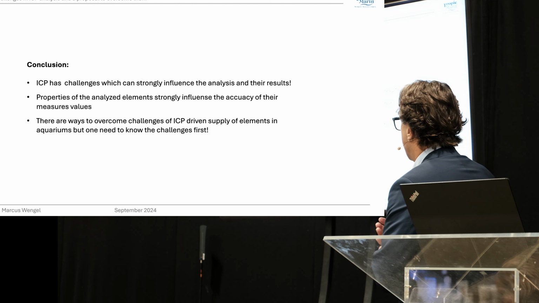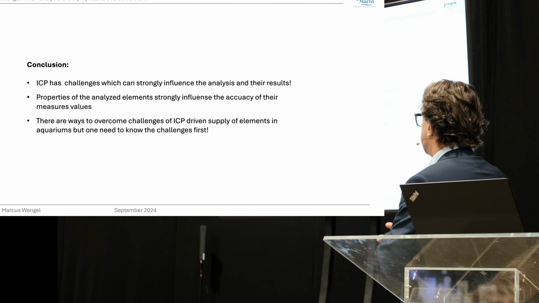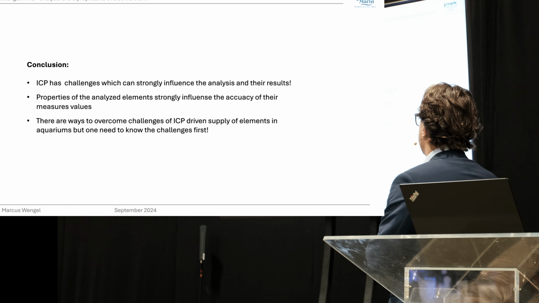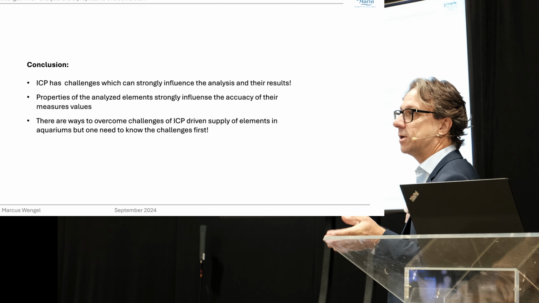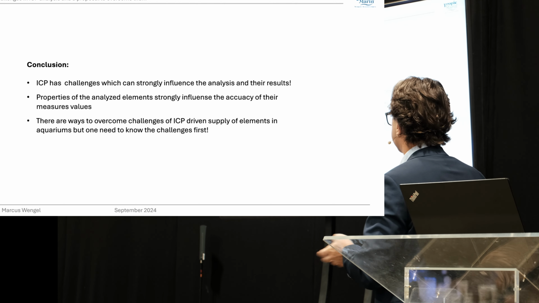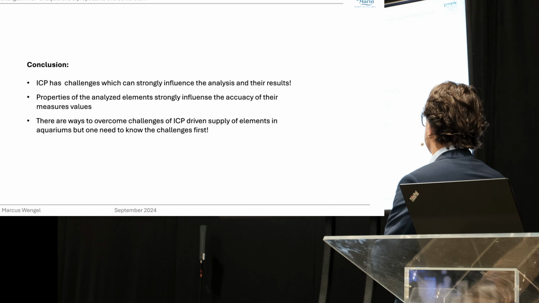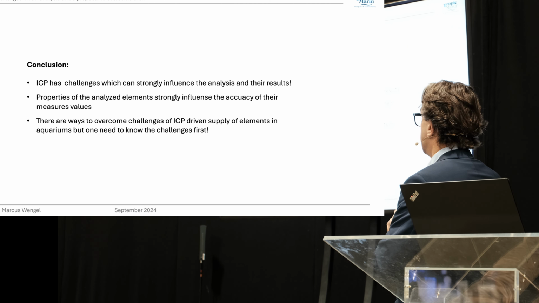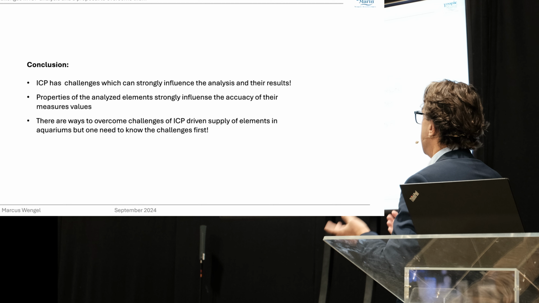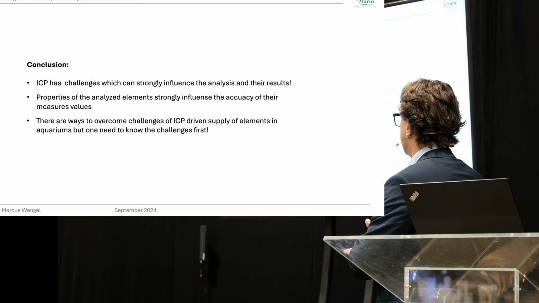Conclusion. ICP has challenges which can strongly influence the analysis and its results, right? It's not God-given values in ICP. Properties of the analyzed elements strongly influence the accuracy of their measured values. It depends which element you're talking about.